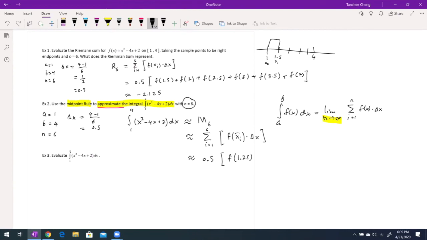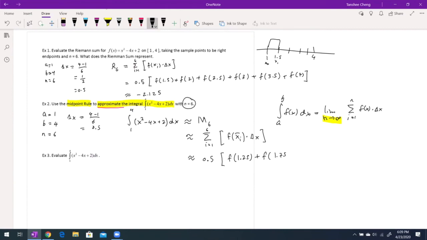I basically use the same interval for this different function because I don't want to go back and recompute these midpoints. That makes it easier for our example to move faster. Are we all okay with this?